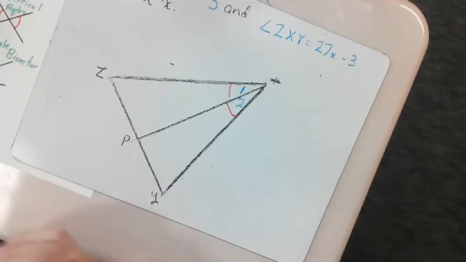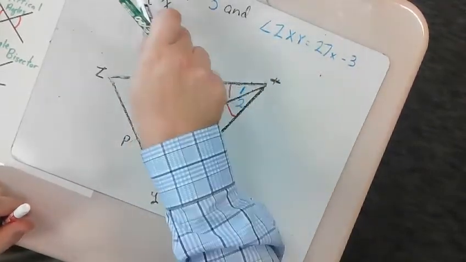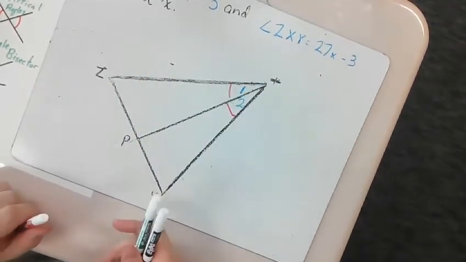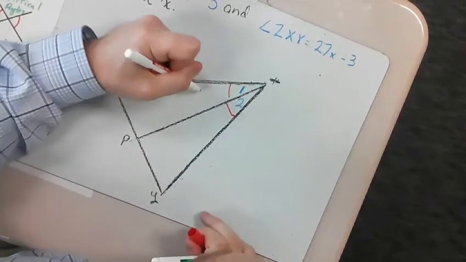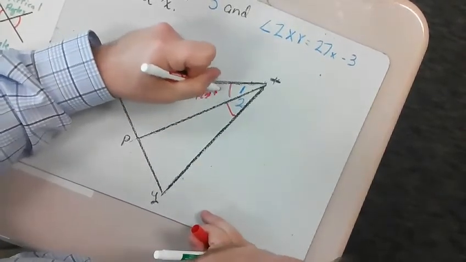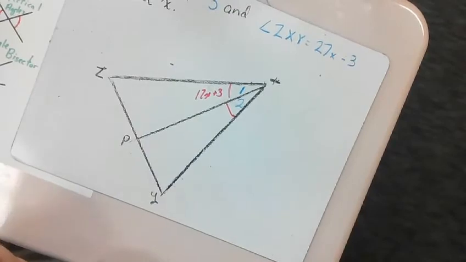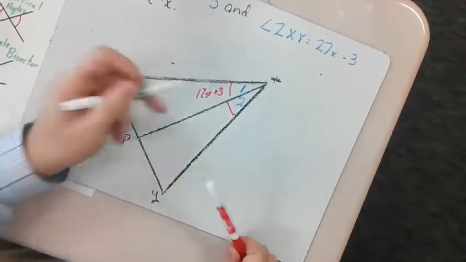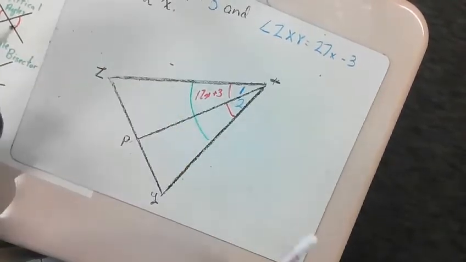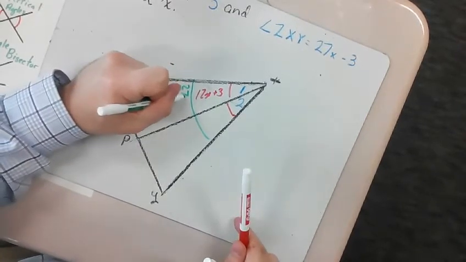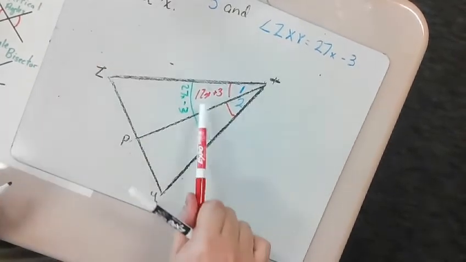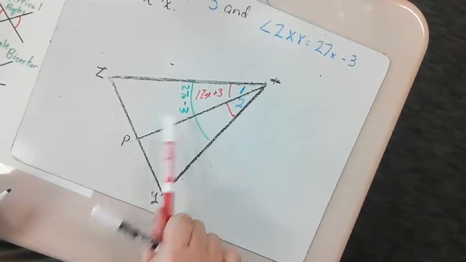Okay, and now our problem says that the measure of angle 1 is 12x plus 3. So I'm going to write that in, 12x plus 3. Then it says the entire angle is 27x minus 3. This is half of this.